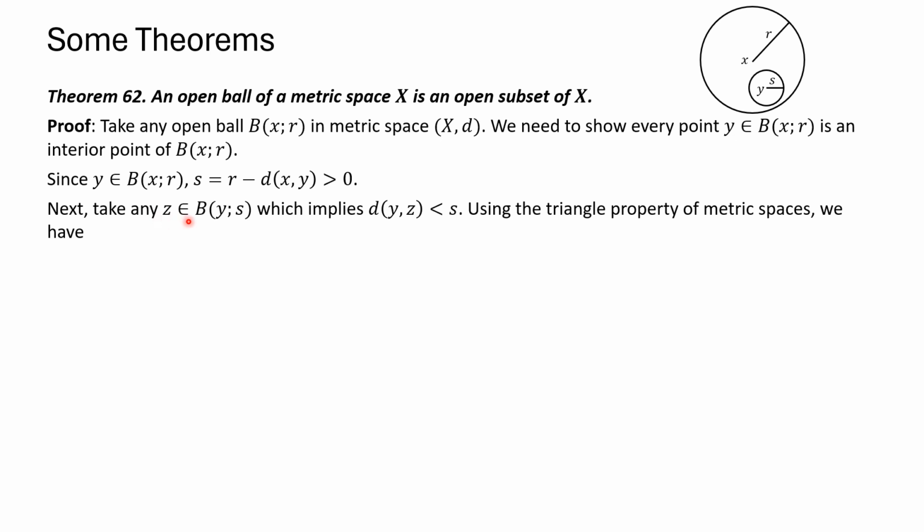Then take any Z, an element of our smaller ball here, and that would imply, just by the definition of this smaller ball, that the distance from Y to Z is less than S. Then we use the triangle inequality: the distance from X to Z is less than or equal to the distance from X to Y plus the distance from Y to Z. We just carry over the distance from X to Y, but the distance from Y to Z is less than S, so we can put an S here.